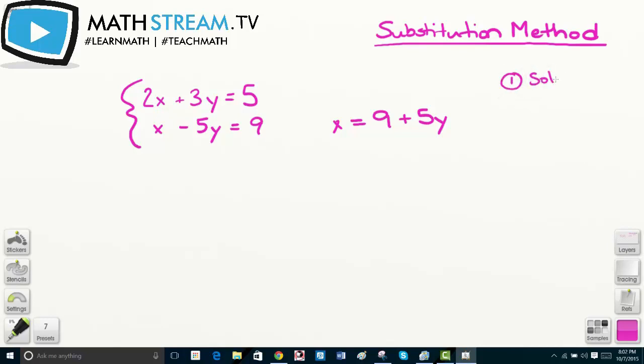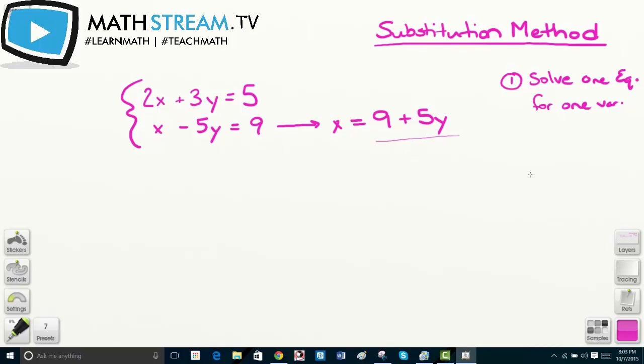Solve one equation for one variable. Maybe I'll just say VAR to abbreviate. So solve one equation for one variable. In this case, I've taken the second equation and I've isolated x. So I've said x is equivalent to 9 plus 5y.